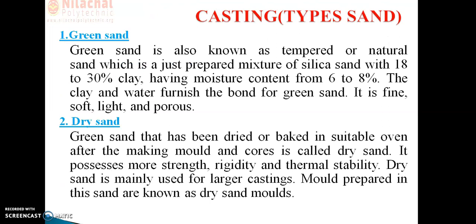Here is the first one. Green sand is also known as tempered or natural sand, which is a freshly prepared mixture of silica sand with 18 to 30% clay, having moisture content from 6 to 8%. The clay and water furnish the bond for green sand.